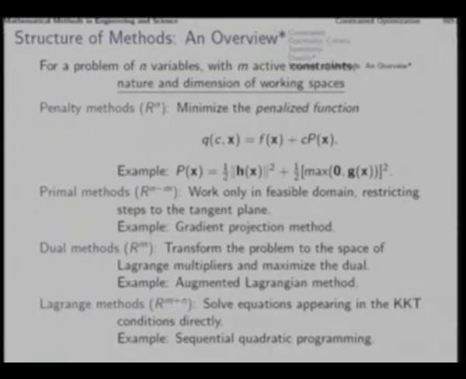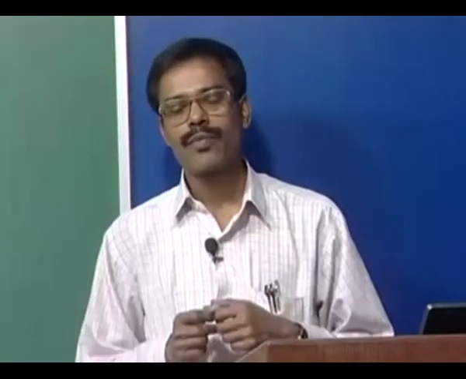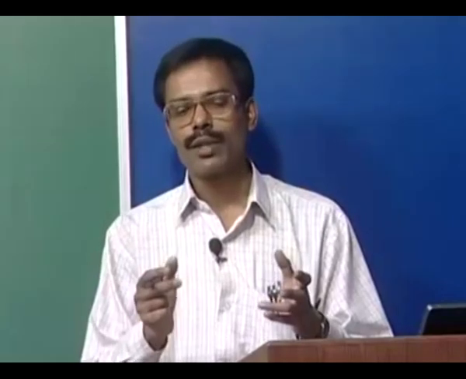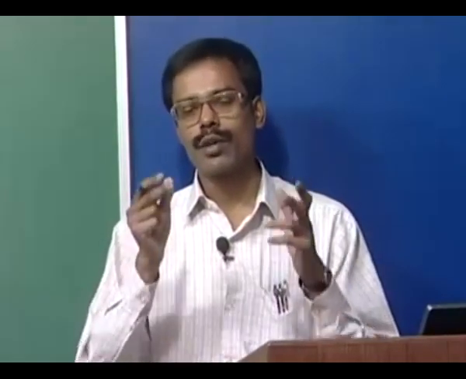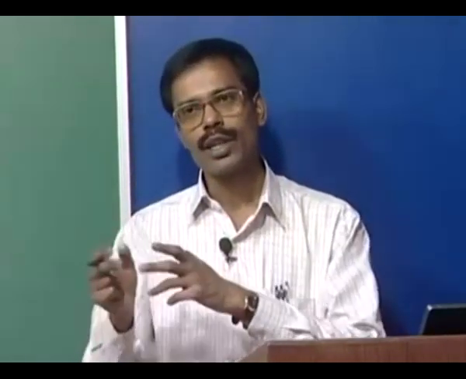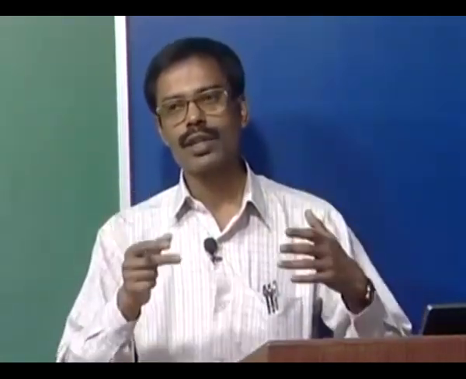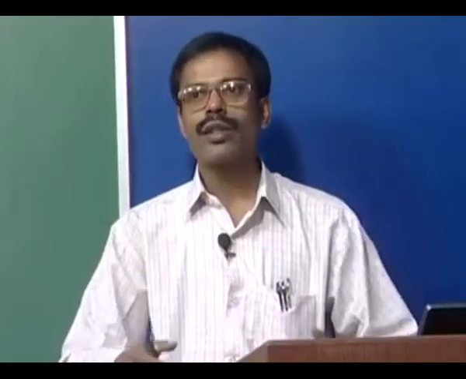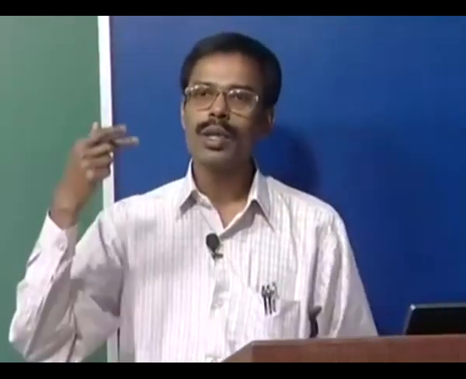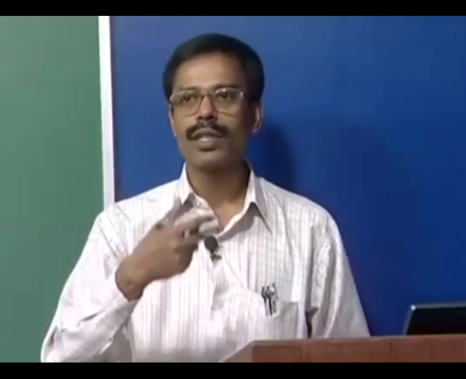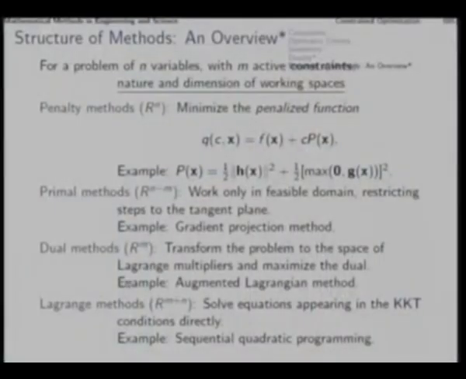We take the equations from the KKT conditions directly and try to find the solutions of those equations and also the corresponding inequalities together. Those inequalities and equations from the KKT conditions we try to solve directly through descent steps, thereby converging to the minimum of the problem. One example of this family of methods is the famous algorithm called sequential quadratic programming.